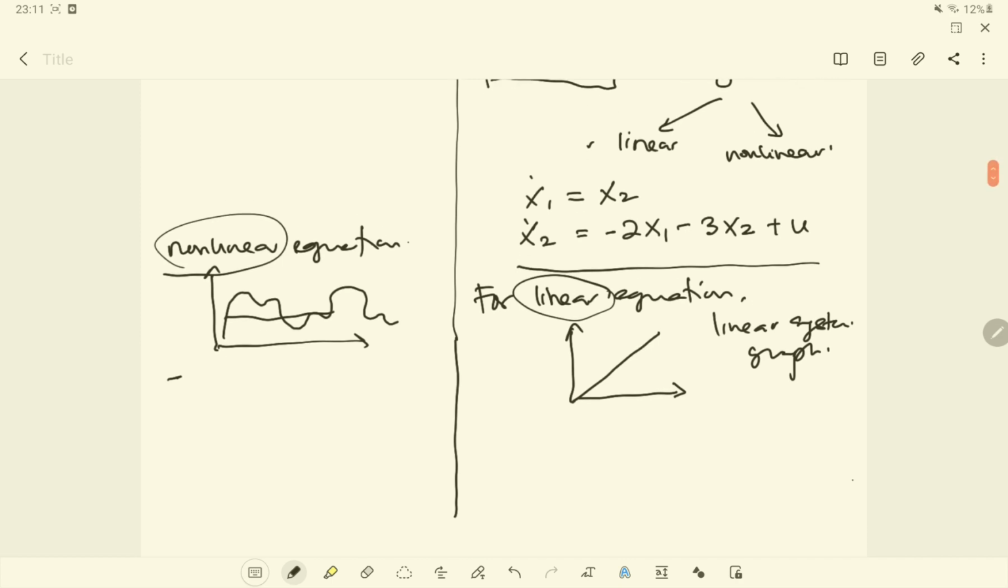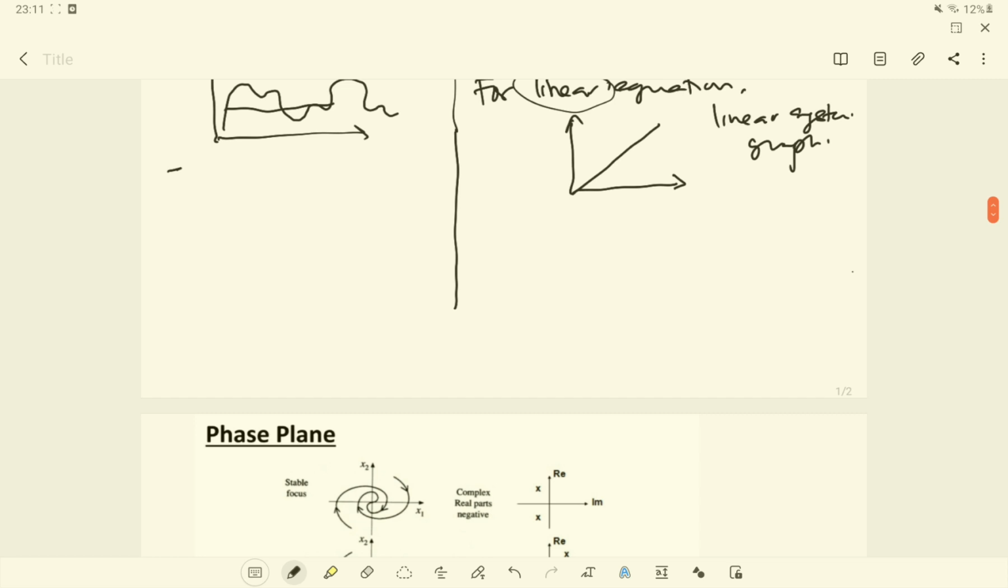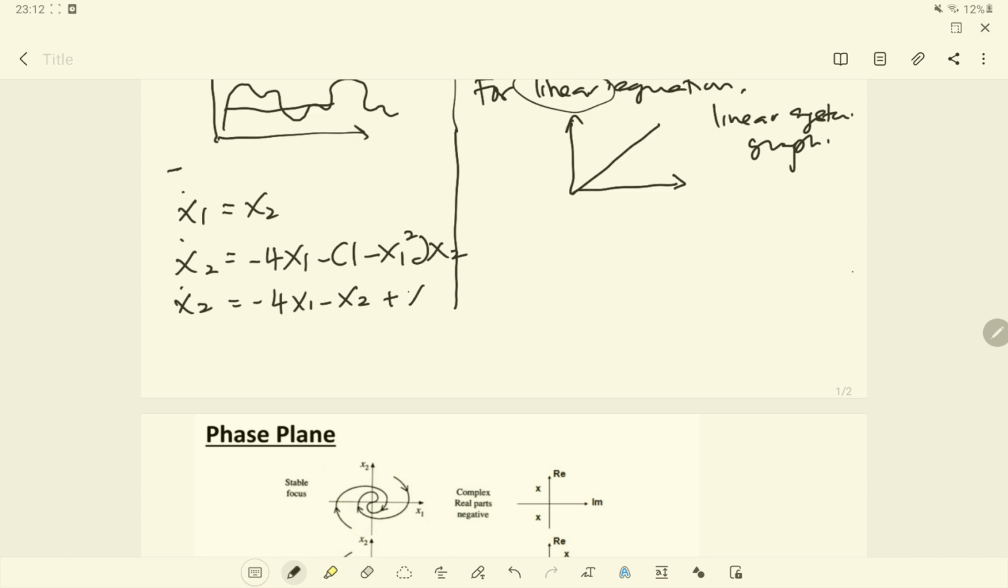Let's say you have a system. You do some modeling and you get state space equations. x1 dot equal to x2, x2 dot equal to negative 4 x1 minus (1 minus x1 squared) times x2, and then you expand it, you will get x2 dot equal to negative 4 x1 minus x2 plus x2 times x1 squared.